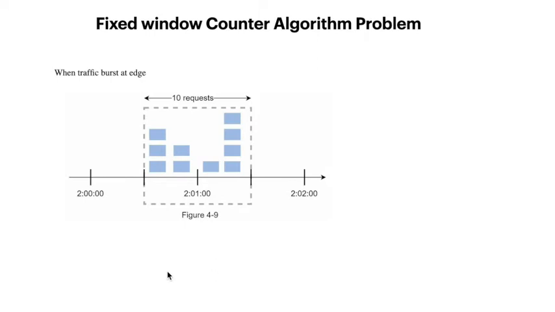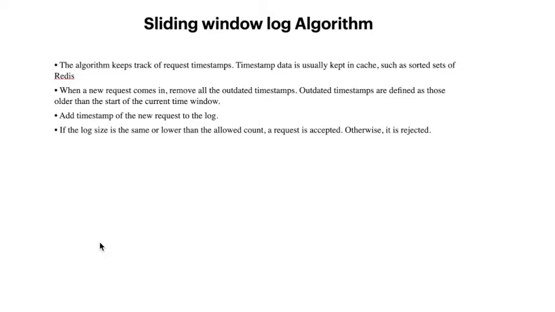So to solve this problem we have our next algorithm, which is the sliding window algorithm. The sliding window algorithm keeps track of request timestamps. Timestamp data is usually kept in a cache such as a sorted set of Redis. When a new request comes in, remove all the outdated timestamps.